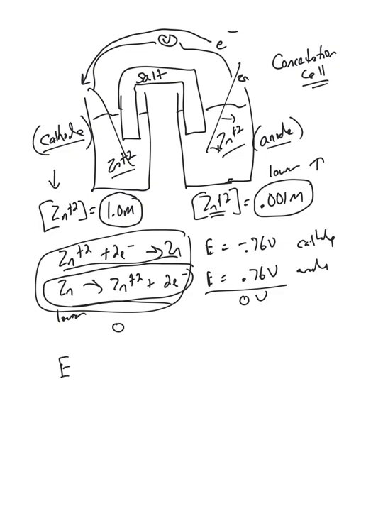So, using the Nernst equation, the standard voltage would be 0 because they would both have a voltage of either 0.76 volts or negative 0.76 volts. So the only voltage we're going to get is from the difference in concentrations.